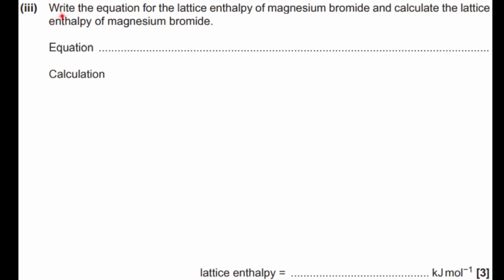Part 3. Write the equation for the lattice enthalpy of magnesium bromide and calculate the lattice enthalpy of magnesium bromide. So the lattice equation will be the Mg2+ gaseous, plus the 2 bromide gaseous as well, to give magnesium bromide solid.